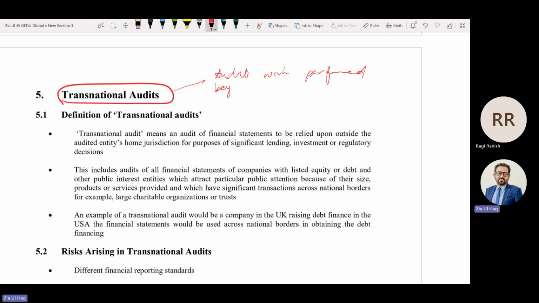We have learned laws, regulations, standards, everything relating to one country. We are performing the audit in one country, but suppose our client has a foreign subsidiary that we need to audit as well. If we move to that foreign country to conduct the audit according to their laws and regulations, that is called transnational audit.